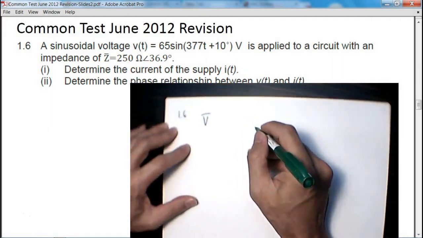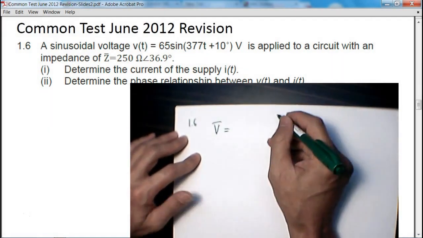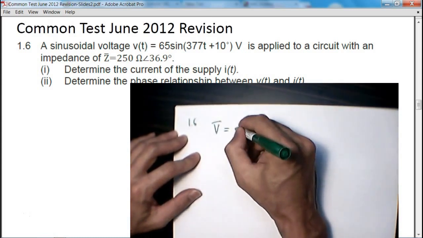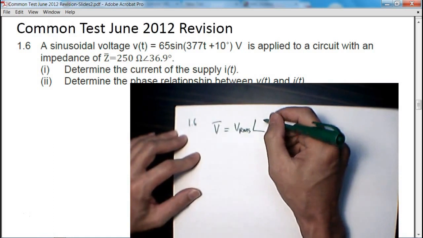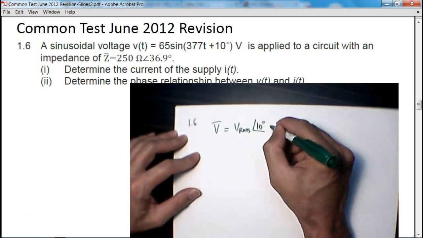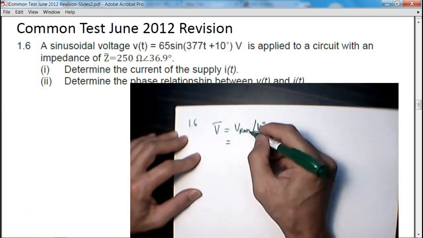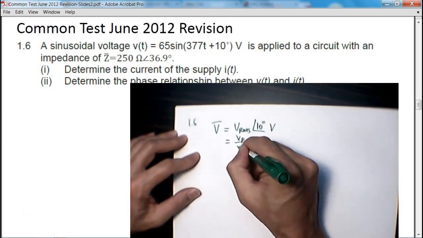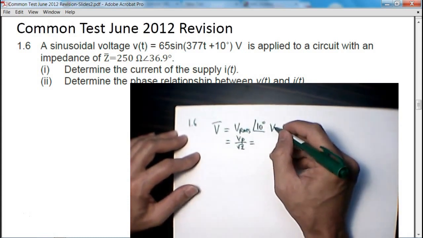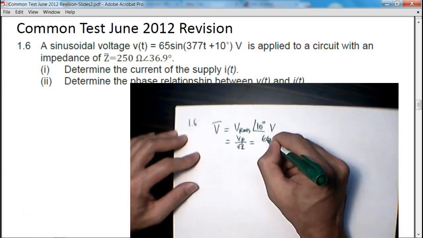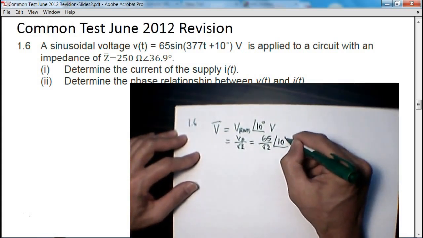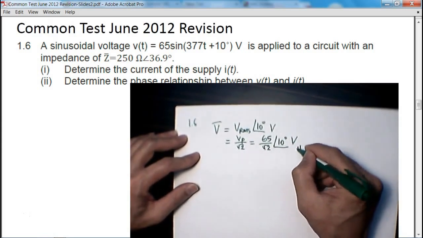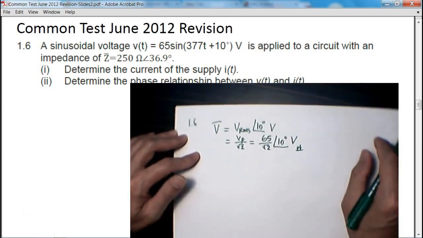So V equals V RMS at an angle of 10 degrees. Now V RMS is V peak over root 2, so that equals 65 over root 2 at an angle of 10 degrees.